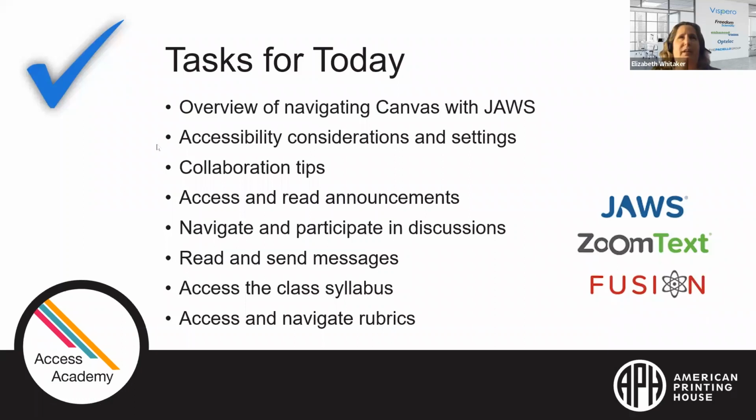I'm also talking about some collaboration tips: using announcements, how to access and read those, how to navigate and participate in discussions, how to read and send messages, and also other things related to collaboration, like using Google Docs and how to add web resources to your courses. Then we're going to talk about how to access the class syllabus as well as accessing the rubric for a course or for an assignment.